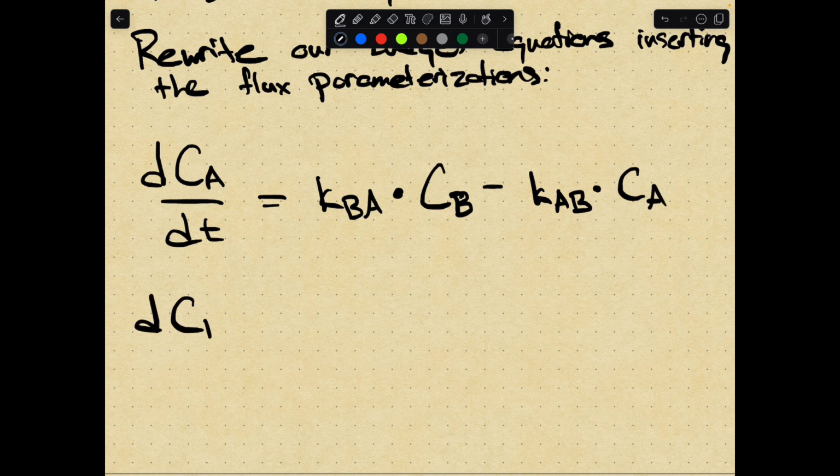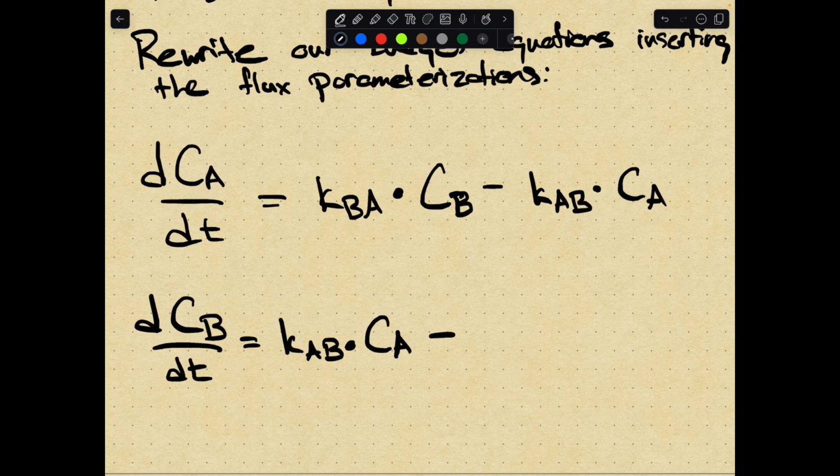And dC_B/dt is equal to, right, again, this is sort of tightly coupled, so what comes into the biosphere is just our photosynthesis term, which is just this part, K_AB times C_A.